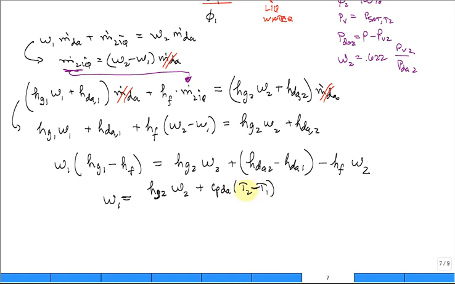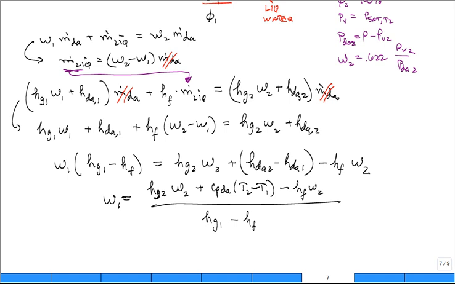It's a change in the enthalpy of the dry air, minus H of F omega 2 divided by H of G1 minus H of F. Once you have omega 1, with a little bit of work, you can work back to get phi 1, relative humidity.